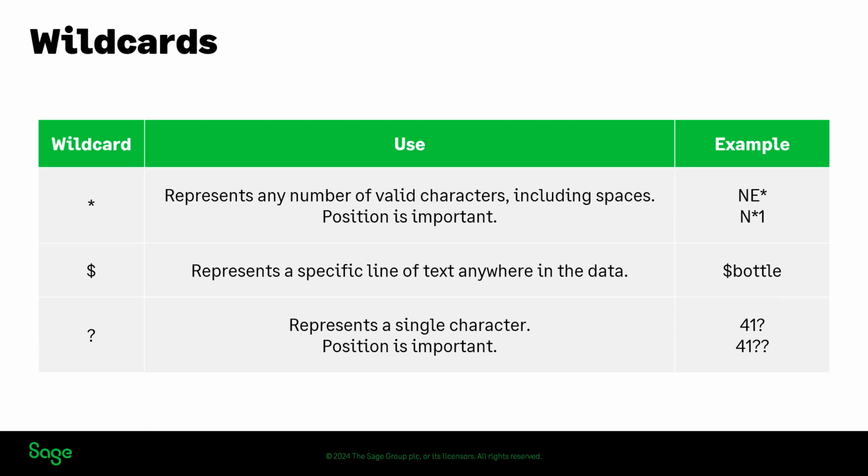The dollar symbol is used where you want it to search for specific text anywhere within the field that you're searching. In my case, it's mentioned the word bottle. So we're searching by products, for instance.